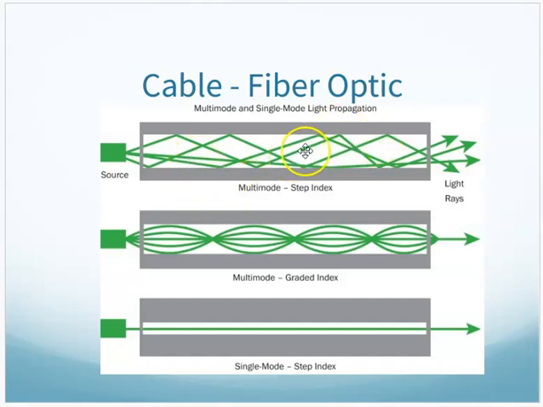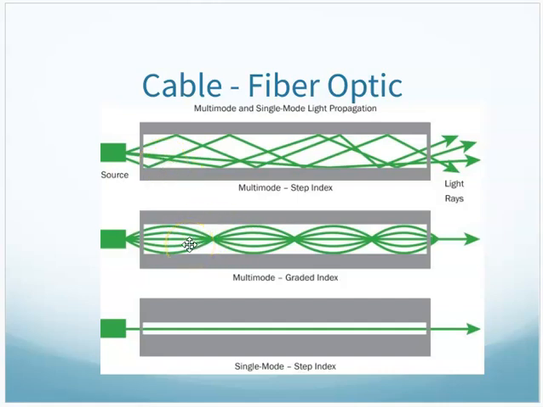This isn't multiple data streams, it's just multiple rays of light representing a 1. So don't think that that's multiple signals. It is not. It's one pulse of light going down that is just made up of multiple modes, multiple rays of light. So there's your multi-mode large core LED light source.